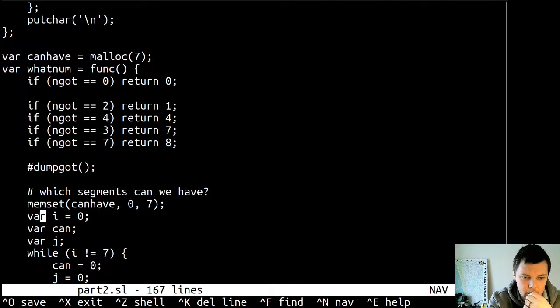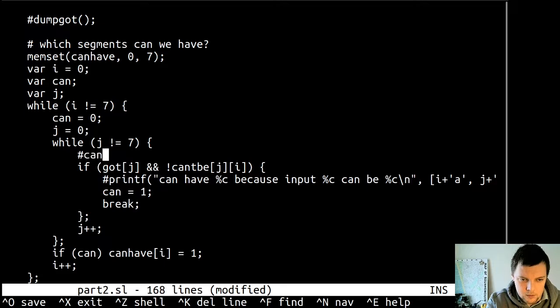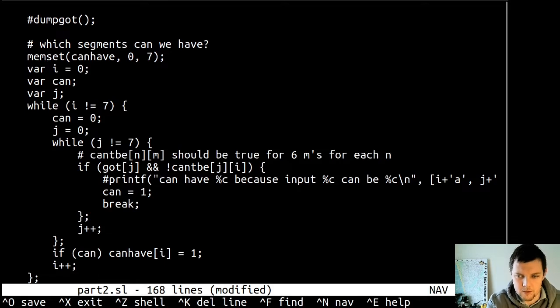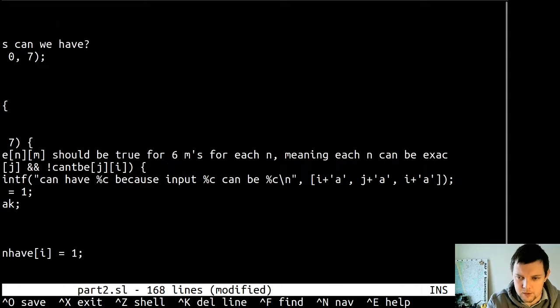Oh no, we still need to know, well, what we want to do is make can't be NM should be true for 6 M's for each N. Okay, so meaning each N can be exactly 1 segment.